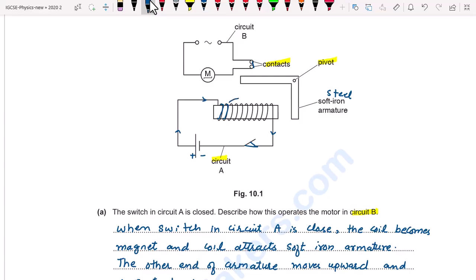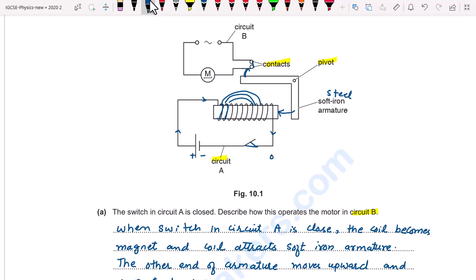And the magnetic lines of force will move like this. And this steel armature will move toward the coil due to the magnetic field, and the other end moves upward and touches the contact. The contacts touch each other, and again there will be current in the circuit B and the motor will operate.